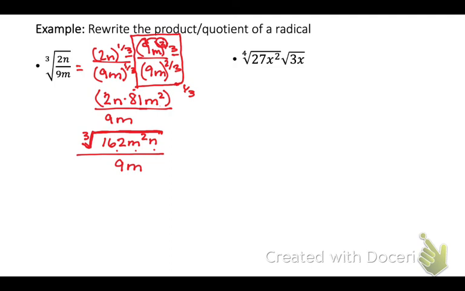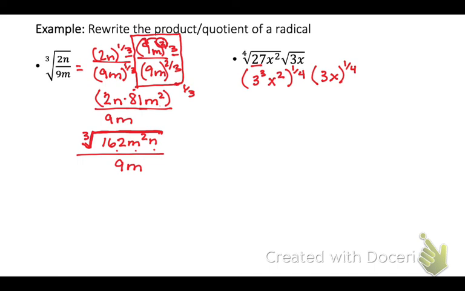I agree with Bladen. What do I do to 27? Make it 3 cubed. And then I'd have x to the second, all to the 1/4, times 3x to the 4th, to the 1/4.